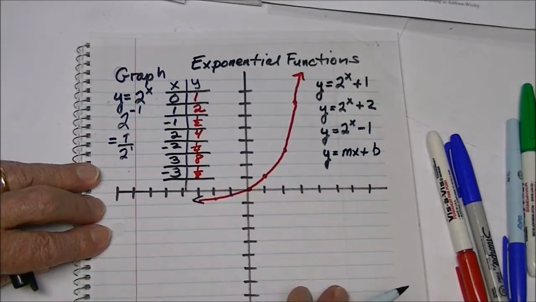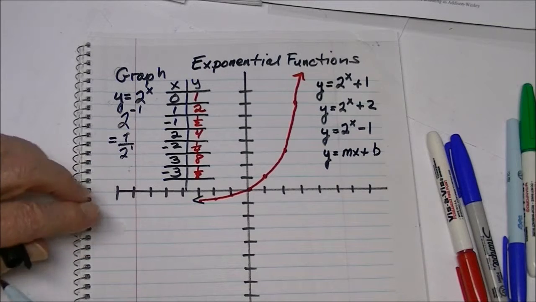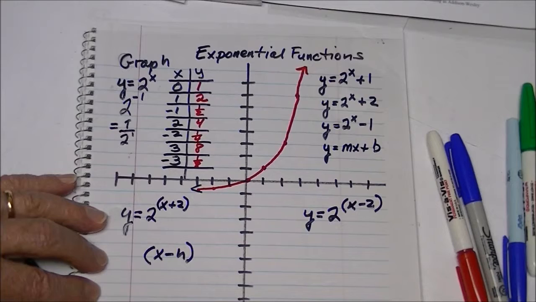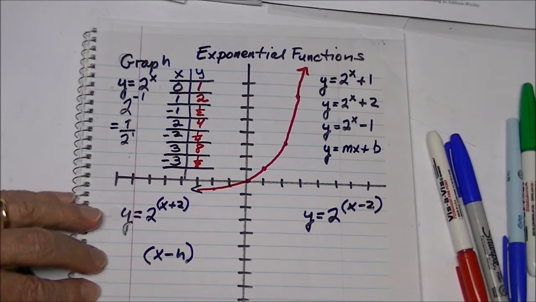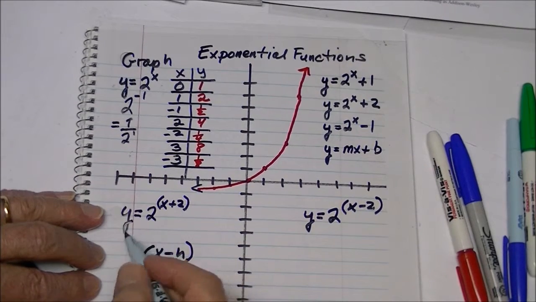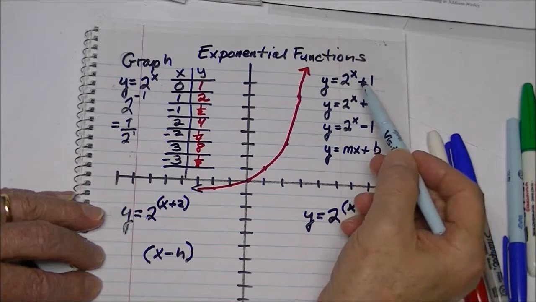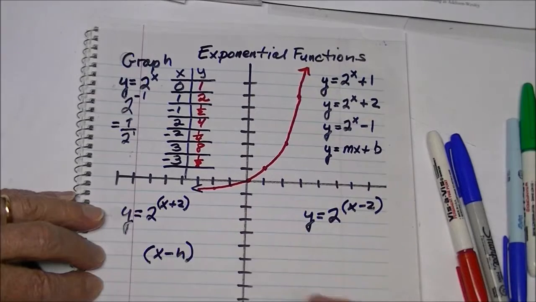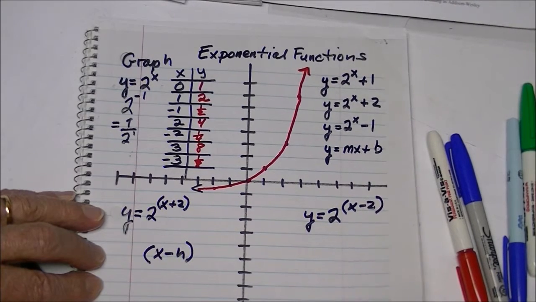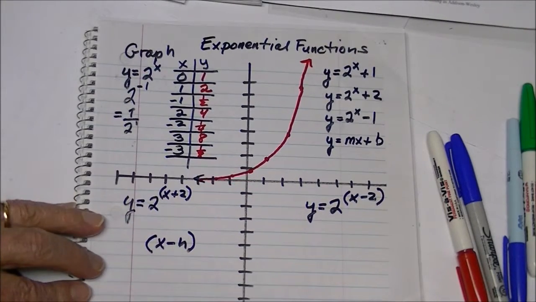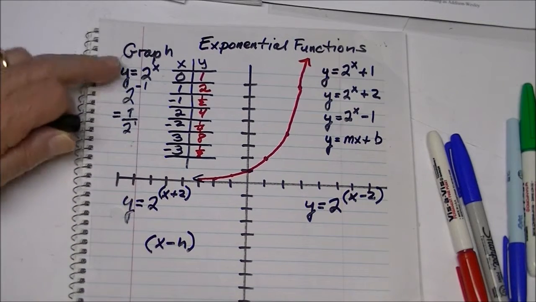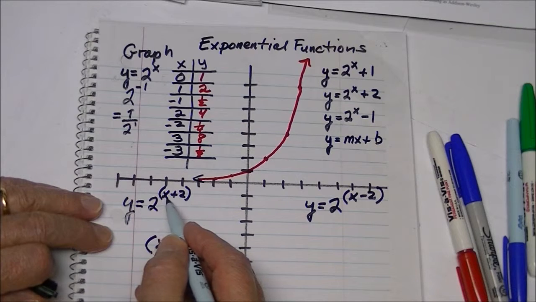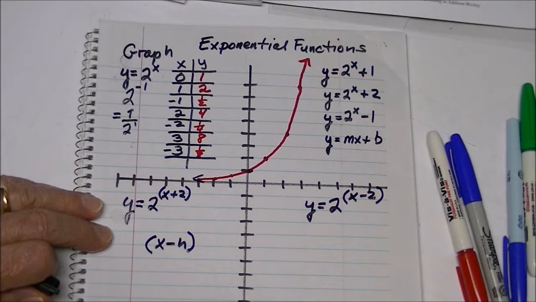So a couple of things going on here. Now, going on a little further, we see instead of having a number all by itself out here, which is going to raise your graph up or down, let's get it back to where it belongs, right there. That's this one. How about if the exponent itself has a +2?